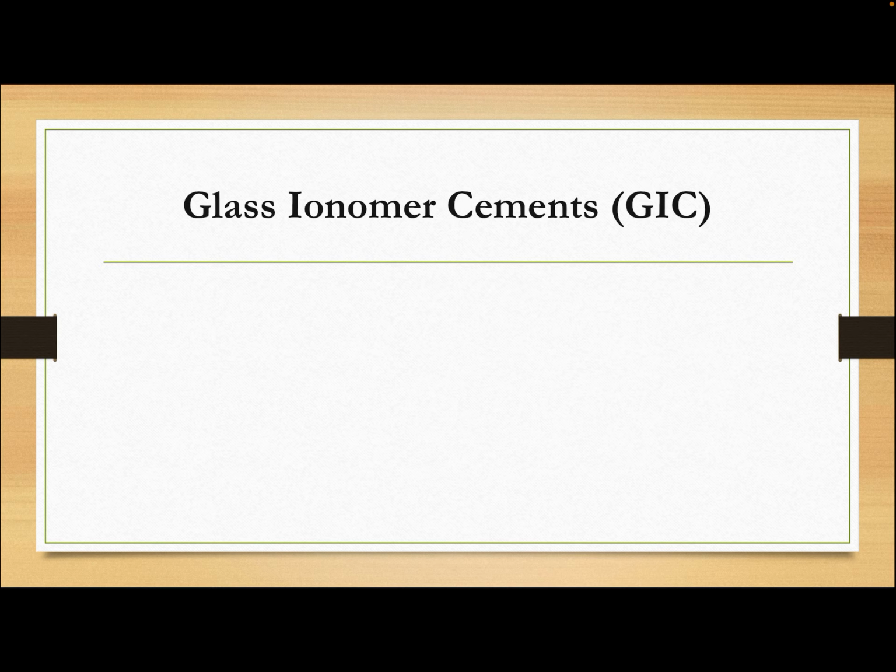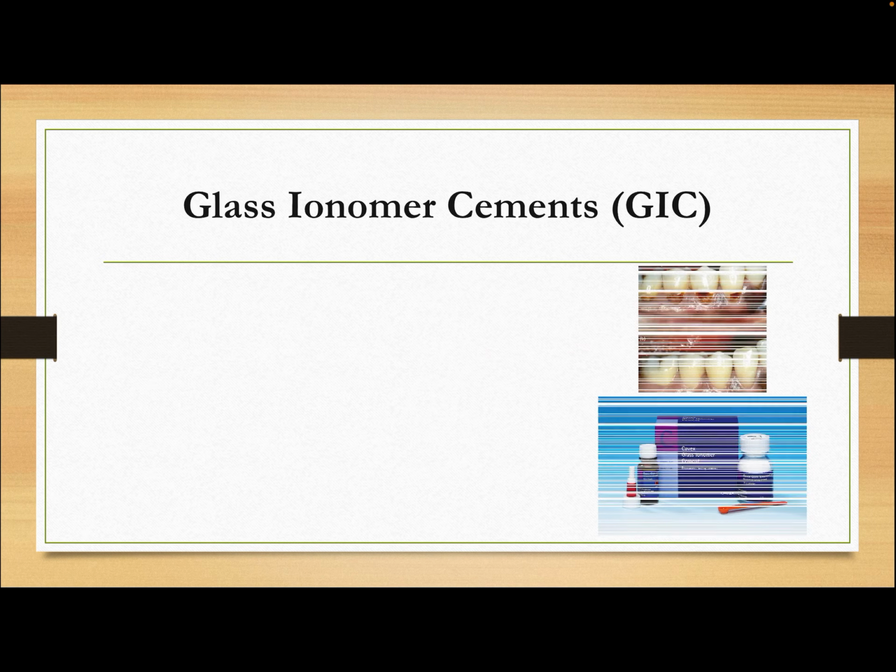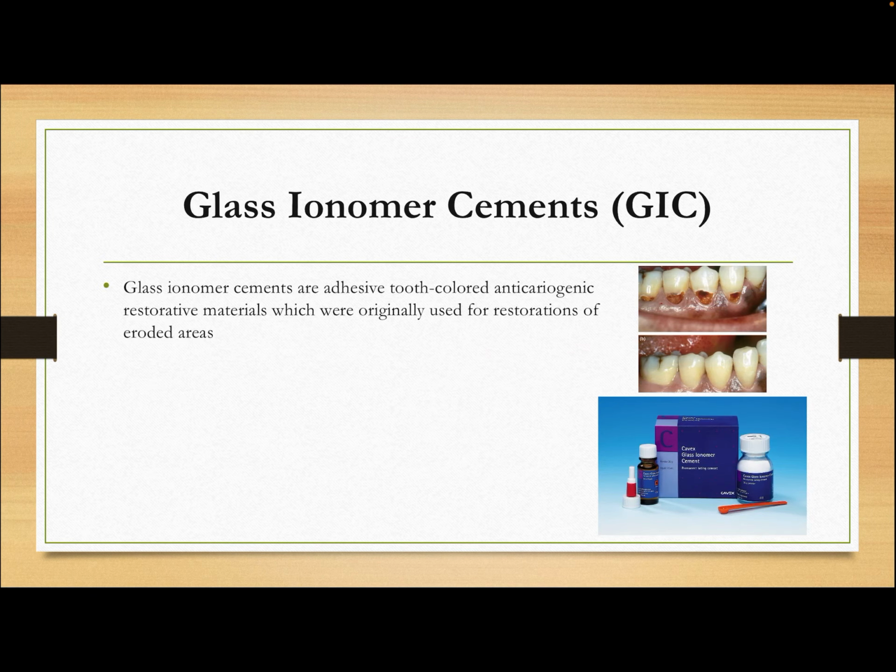The next material, which is the most popular and used material in dentistry, is glass ionomer cement. Glass ionomer cements are adhesive, tooth-colored, anti-cariogenic materials which were originally used for restorations of eroded areas.